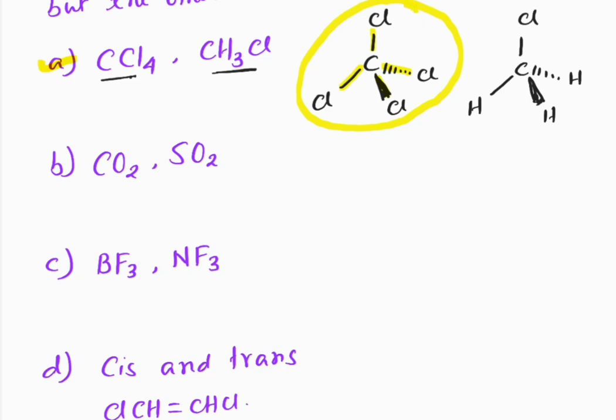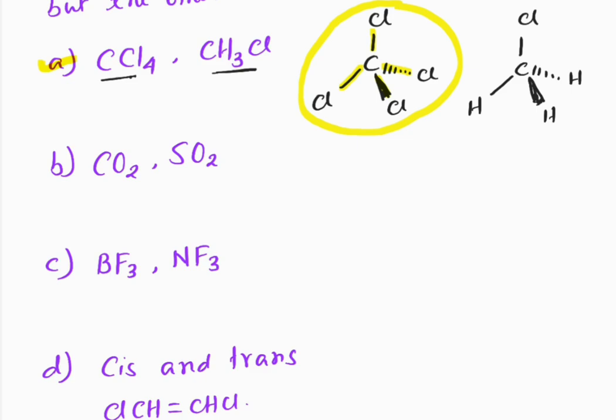That means in this CCl4 structure, all the bond lengths and bond angles are equal. That means all the bonds are in the same environment. So that is why we can say that this is a symmetrical structure.